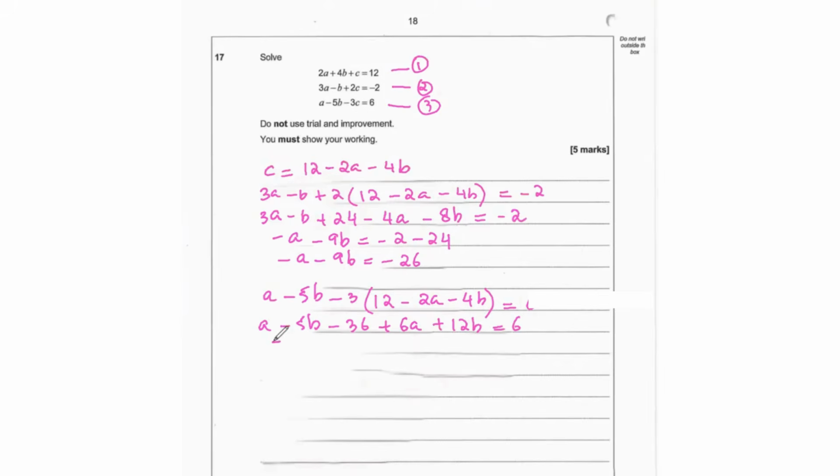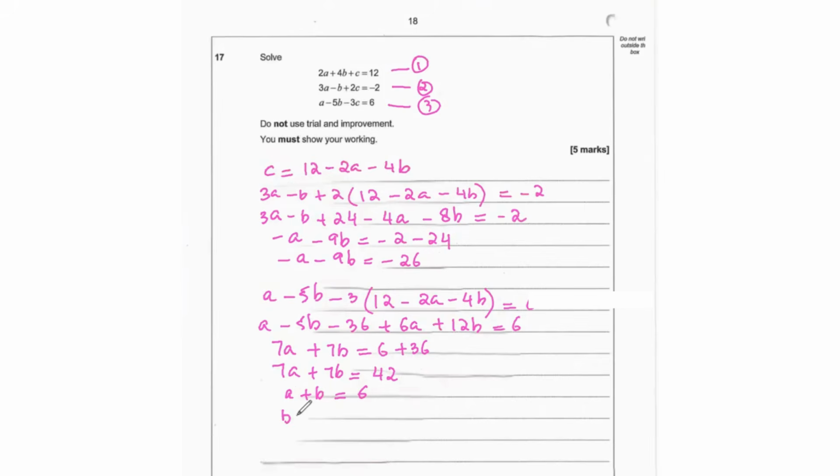A plus 6a is 7a, 12b minus 5b is plus 7b, and then 6 plus 36 over here, which is going to be 42. We can divide all of them by 7, so that's going to be a plus b equals 6.